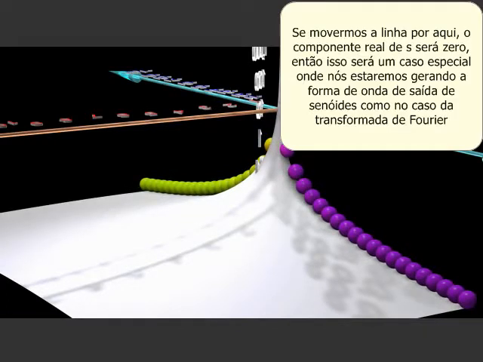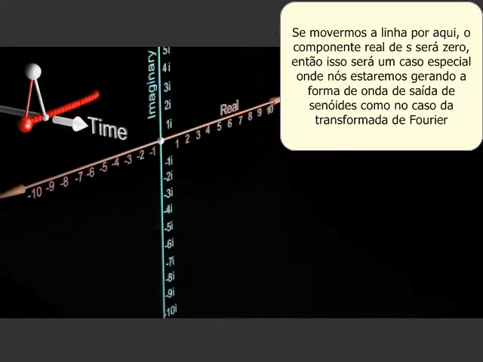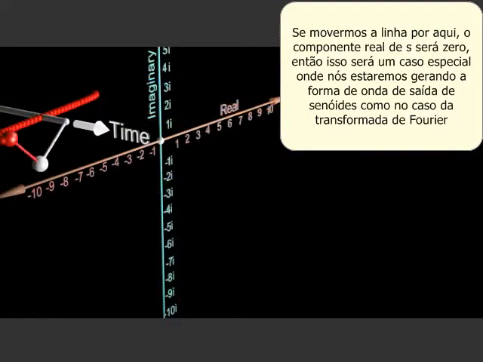If we move the line over here where the real component of s is 0, then this is a special case where we will be generating the waveform out of sine waves, as in the case of a Fourier transform.